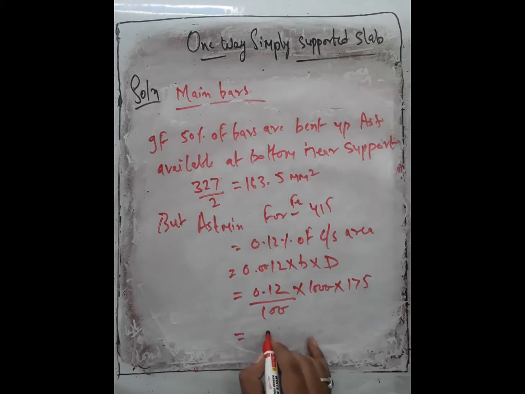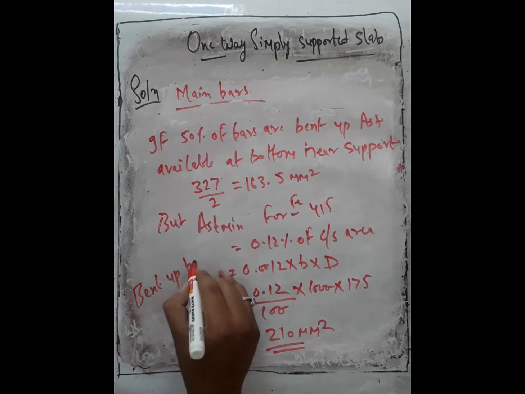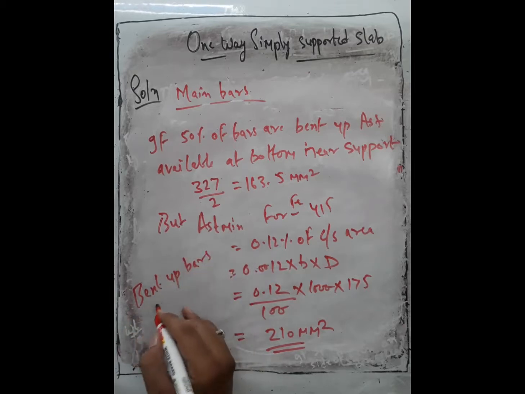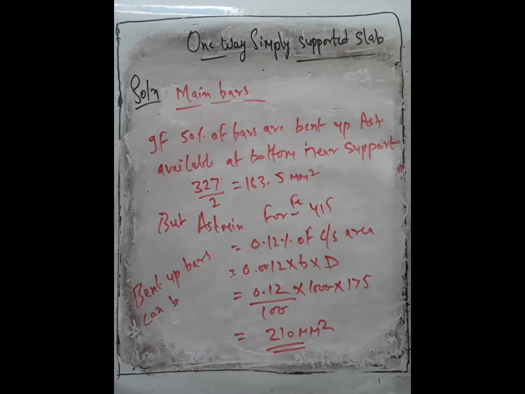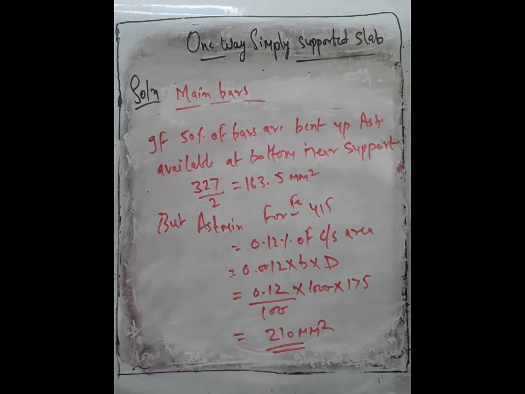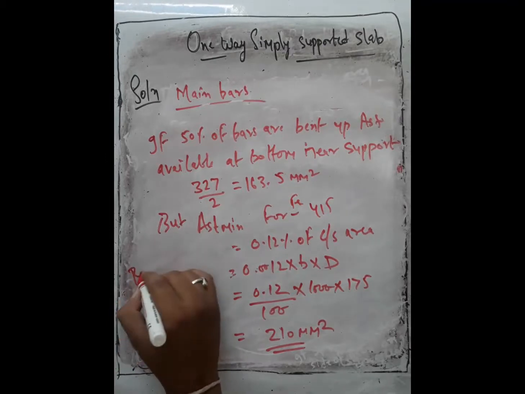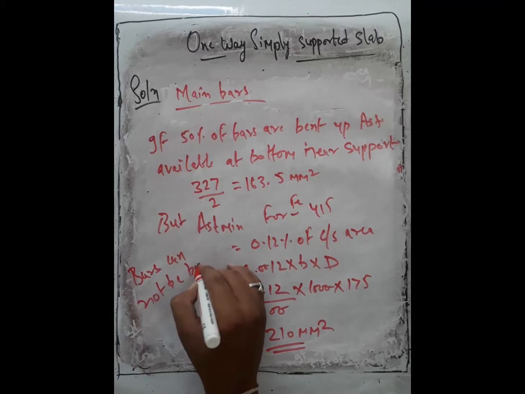So here we get 210 mm square. So here the required minimum reinforcement is 210 mm square. That means bent up bars cannot be provided. Write in this way: bars cannot be bent up.